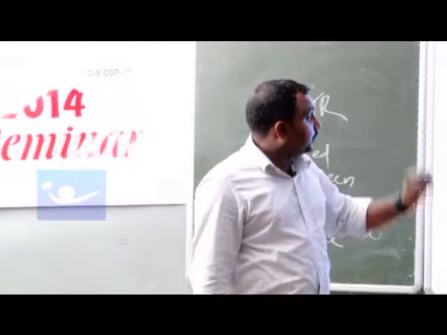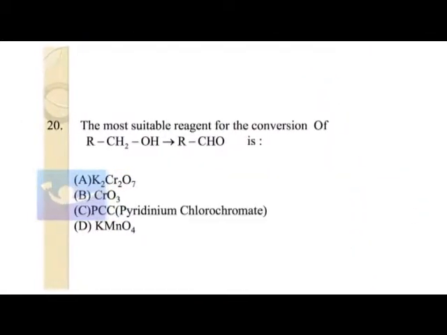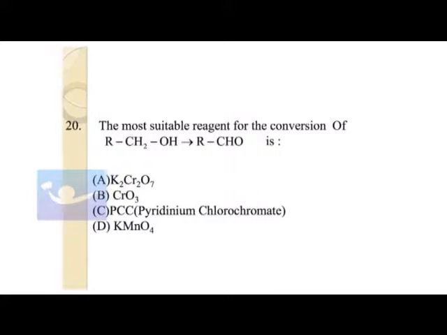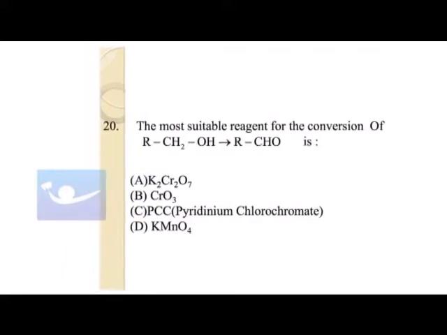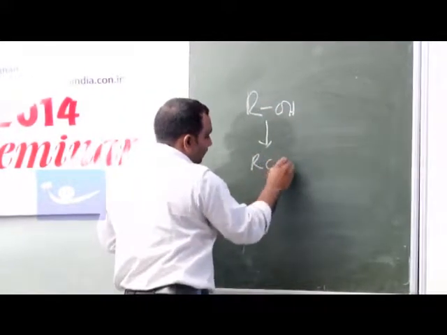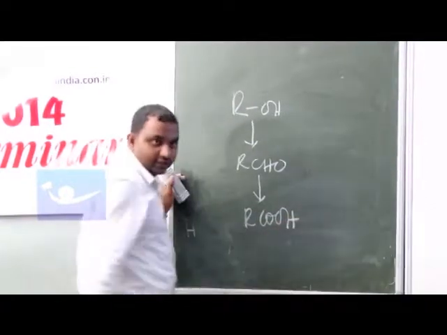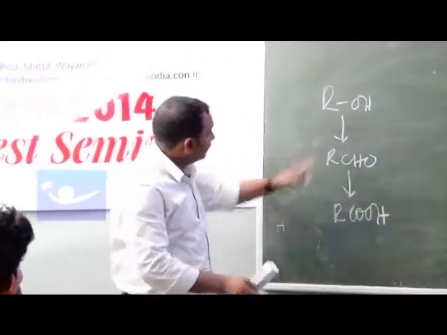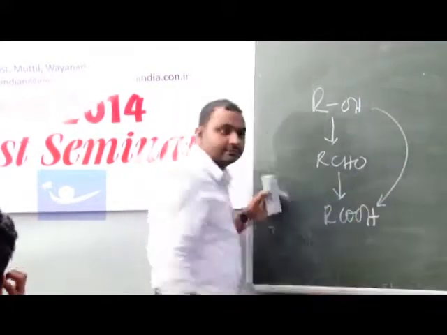The most suitable reagent for conversion of RCH2OH to RCHO is, see here, you know that ROH will get converted to RCHO and it will get converted to RCOOH, right? And if you use a strong oxidizing agent, what will happen?